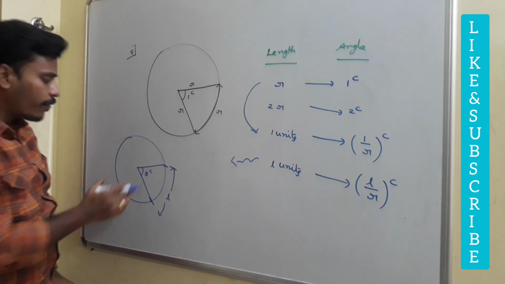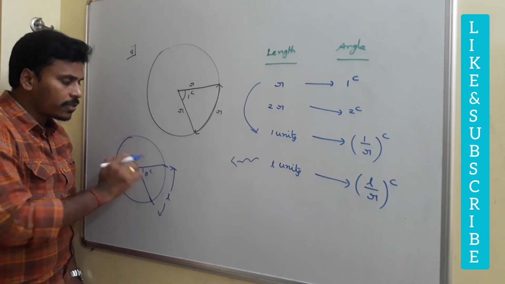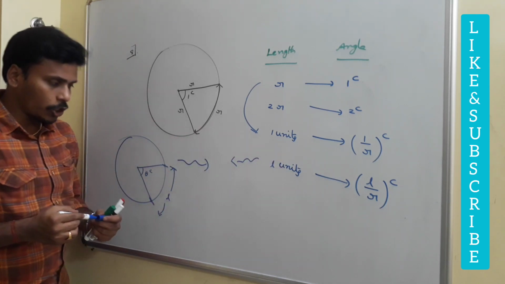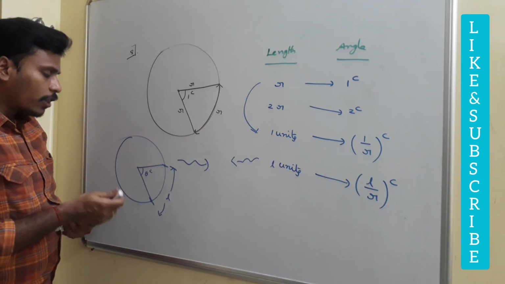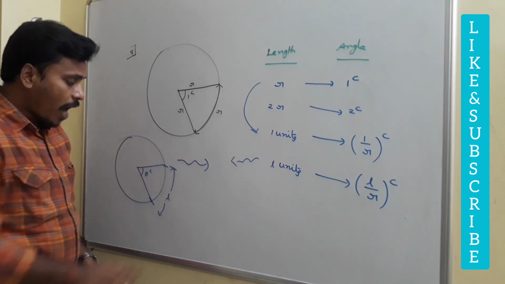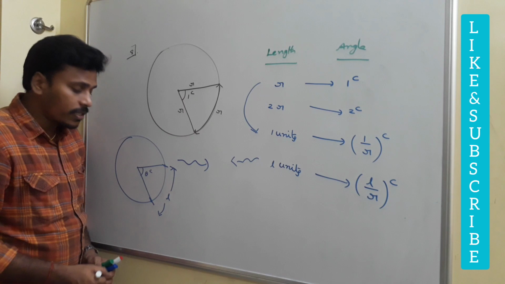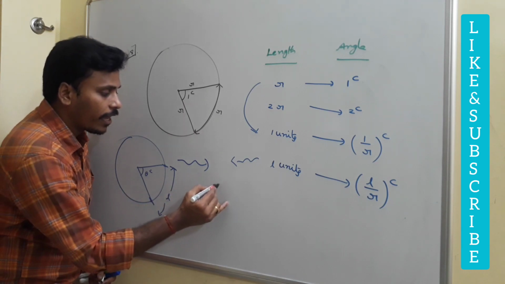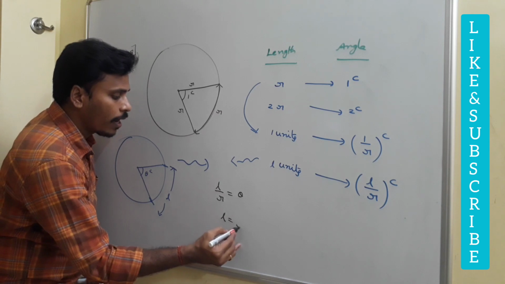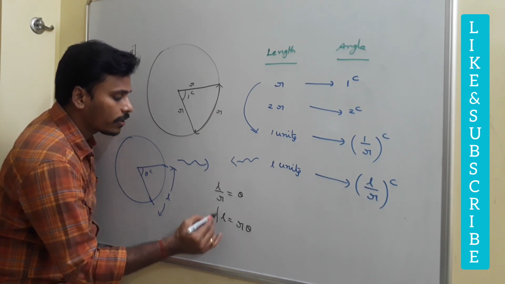Then look at this. If you mix this diagram along with that unitary method, if the length of the arc is L units, then the angle at the center is L by r radians. And here, if the length of the arc is L units and the angle at the center is theta, then if you conclude these two, you will get L by r equals theta, and L equals r theta.